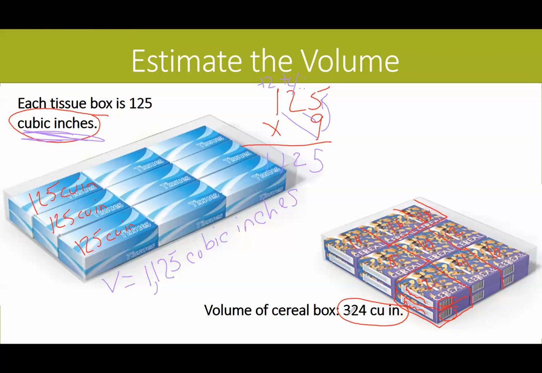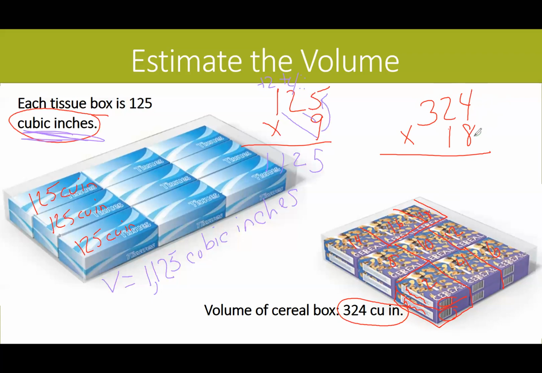And each cereal box is 324 cubic inches. So we need to multiply 324 times 18. So what I want you to do is pause this video, grab a piece of paper, do the math, and then play the video again, and let's see if your math matches mine.